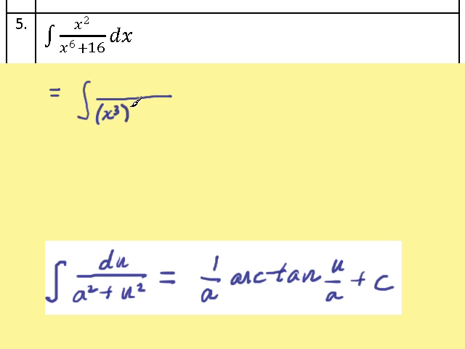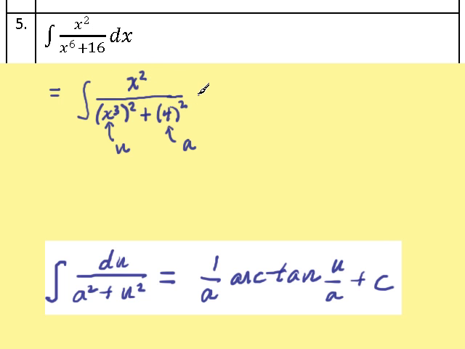Plus, instead of 16, I'll write 4 squared. So this is going to be my a, and this should be our u equal to x cubed. It only makes sense if the derivative of u is within the integrand, which it is. The derivative of u is 3x squared, and we have an x squared over here, so that's good.